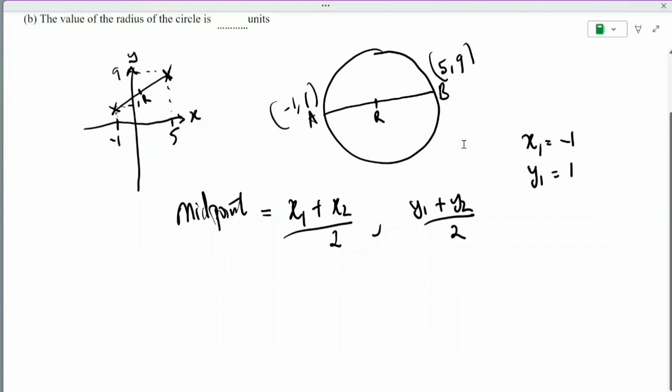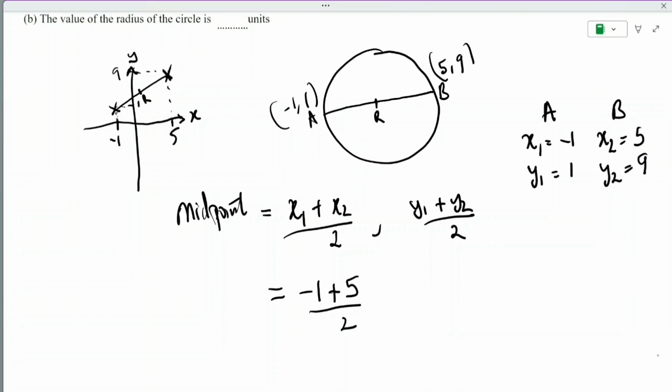Then for B, which will be our x2 and y2 in this case, we have x2 as 5 and y2 equals 9. We apply the formula to get the coordinates of the radius. We have x1 as -1 plus x2 is 5 over 2, y1 is 1 plus y2 is 9 over 2.